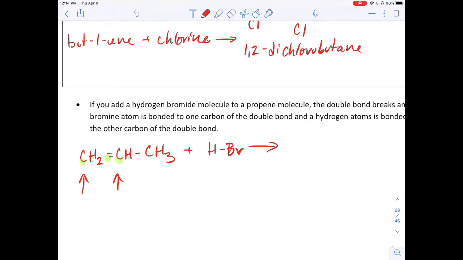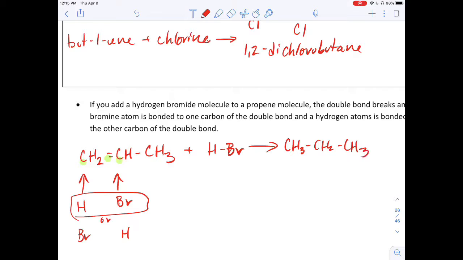But in this case, I could have a hydrogen bond to this carbon and then a bromine to this, or my bromine will get attached here and my hydrogen here. So if this happens, I'm going to get CH3, CHBr, CH3, sorry, that's wrong. I'm going to get CH3, CHBr, CH3.